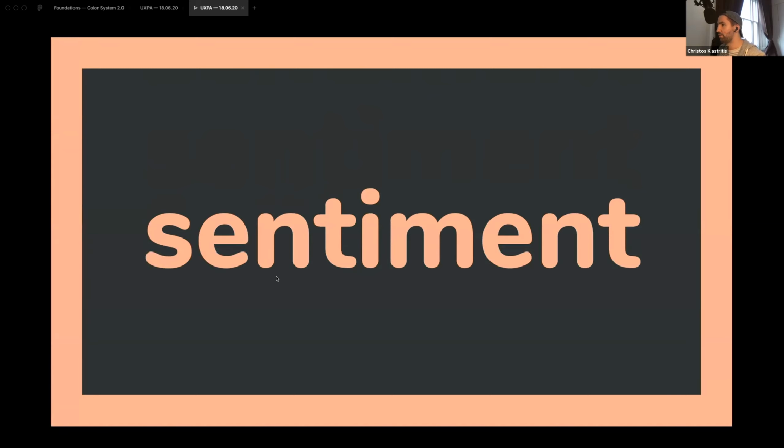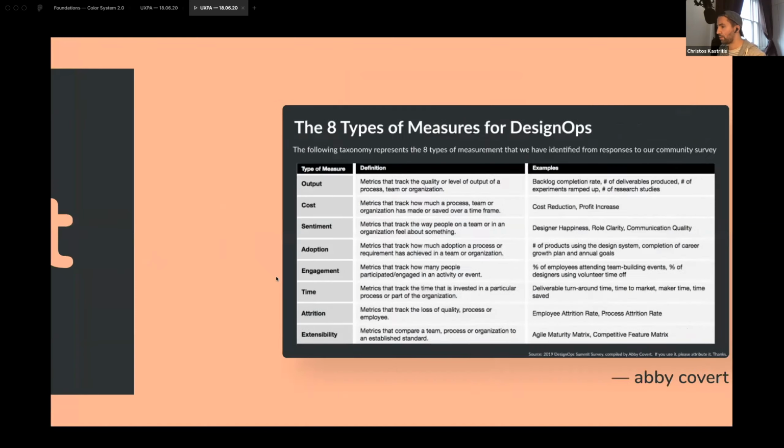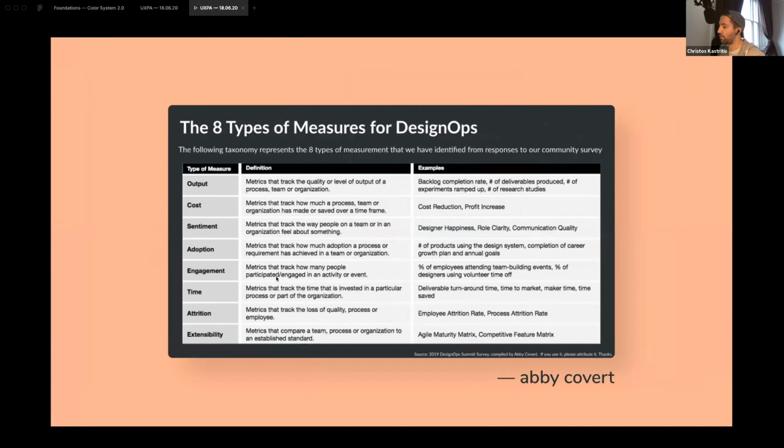Before I jump into sentiment, what really inspired me to go down this path was that I was attending a Design Ops Summit last year, and Abby Covert shared this really interesting slide around 8 types of measures for design ops. I felt like this really summarized what I've been seeing on the web.